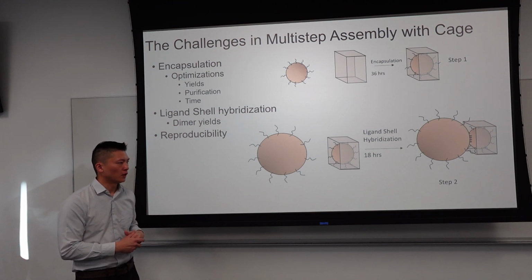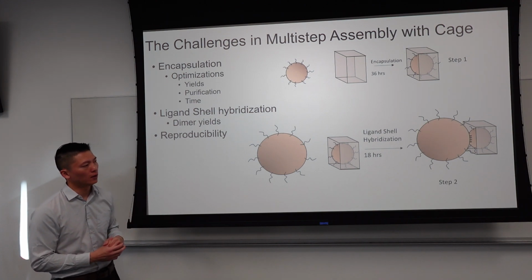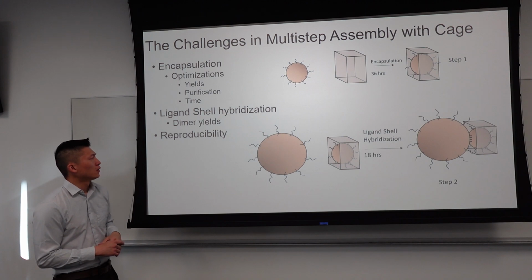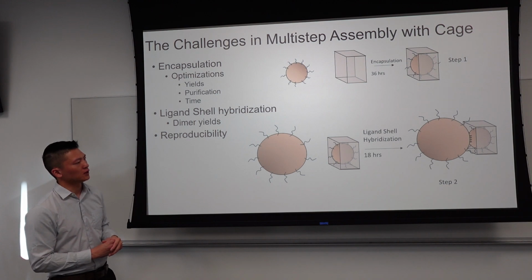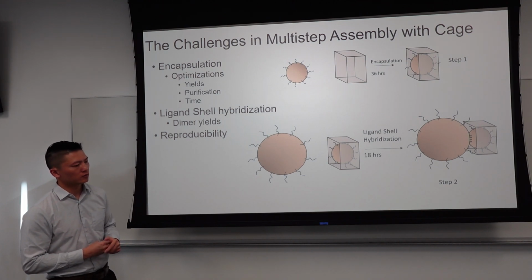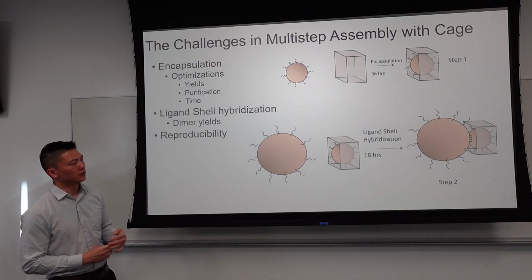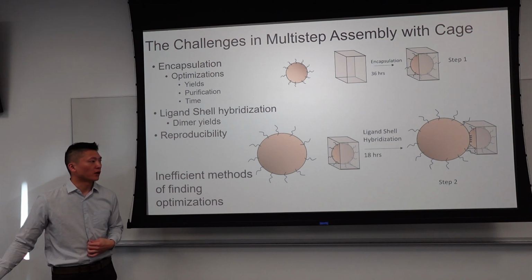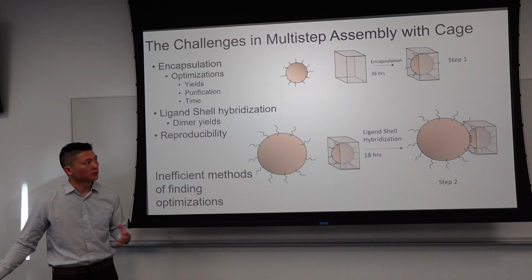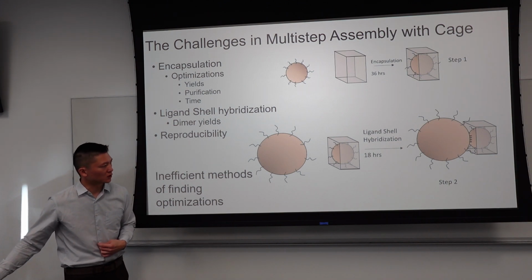It's very time consuming, and there's an infinite number of parameters that we can play with. I put reproducibility here because at times I think Yihan had difficulty determining how a yield was achieved relative to other times. Basically, these are inefficient methods of finding optimization conditions for better yields, particularly. I put time here because we might be interested in reducing the time as well.